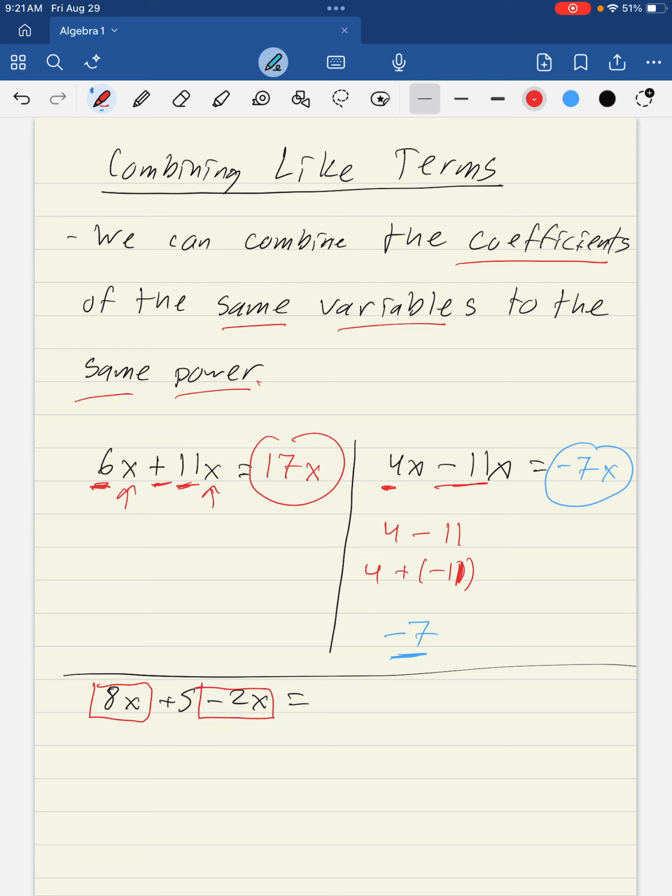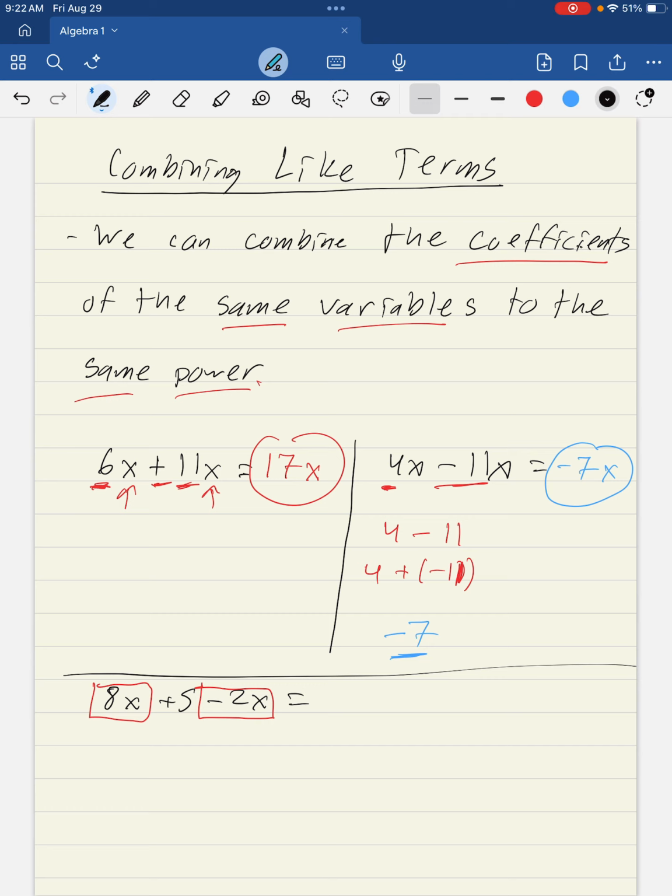So I'm going to box those guys because that helps my brain recognize, oh, I can combine the 8x and the 2x because they both are in boxes and they both have the same variable, the same power. They're like terms. The 5, it's just hanging out. We can't get rid of it, but we don't really operate on it either. It's just going to transfer to the end.